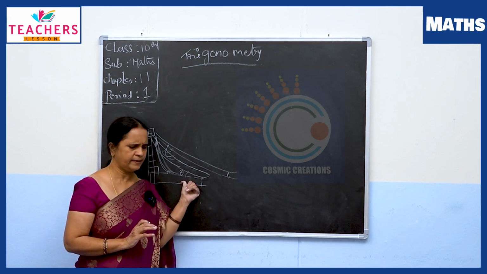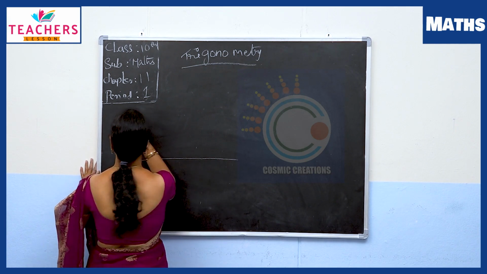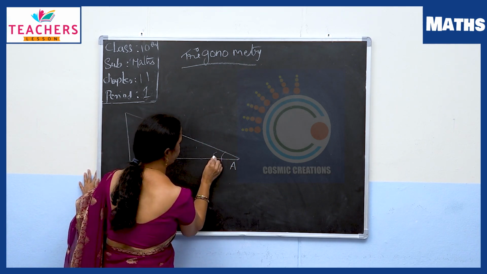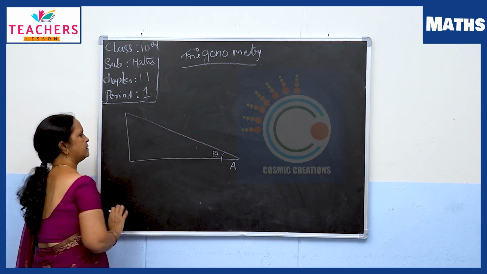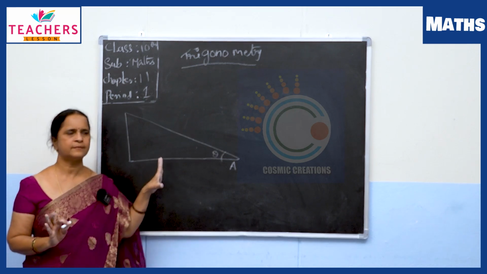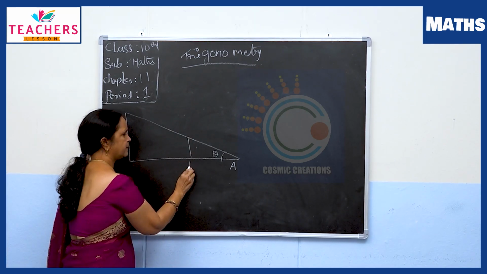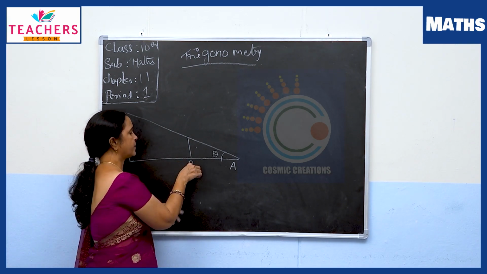Okay? Got it? I am drawing a triangle. A. Here the angle is theta. Here B will be there. It makes an angle of 90 degrees with the ground.